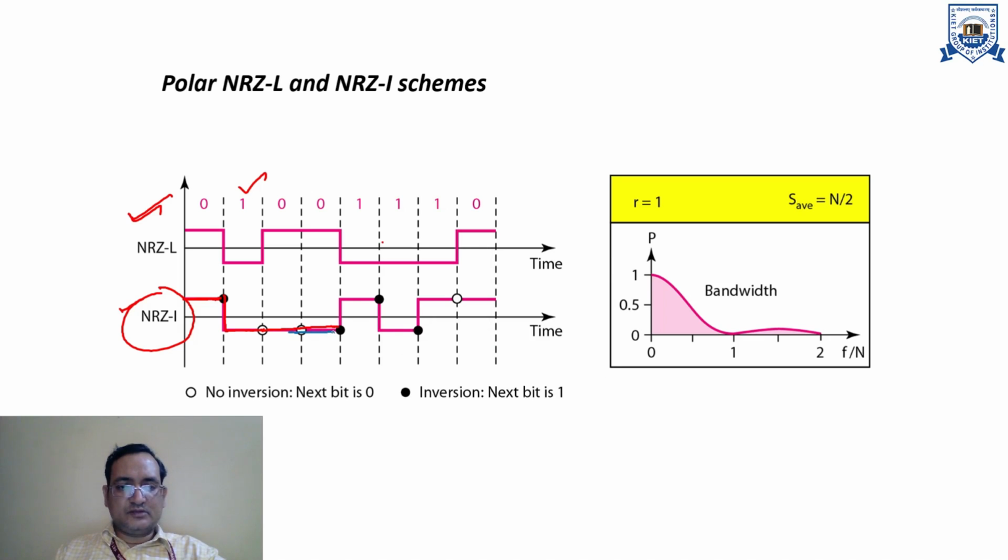As 1 is detected, the level changes from negative to positive, because this is a 1-sensitive scheme. If 1 is received, the level will change. As 1 is received by the receiver, or the line coder, it will change the voltage level. Again 1, then voltage change, then 0, no change. This is the power spectral density curve for this.